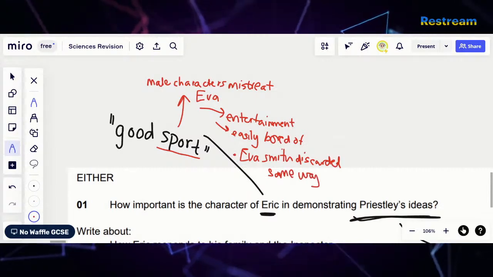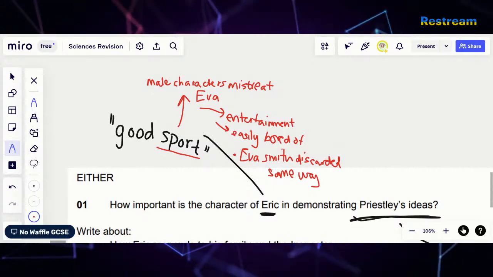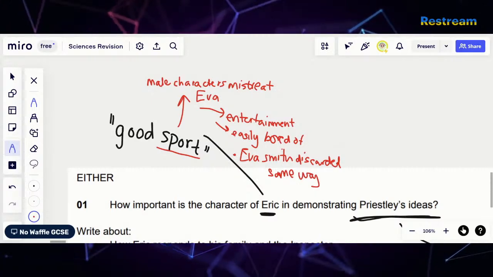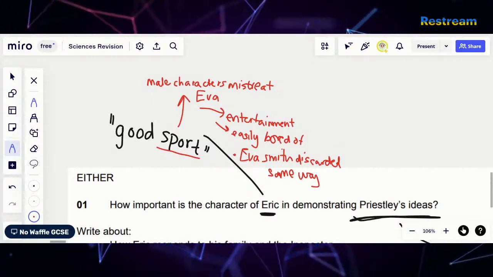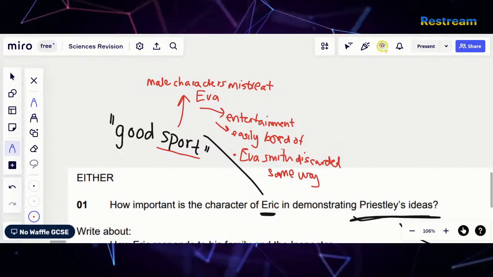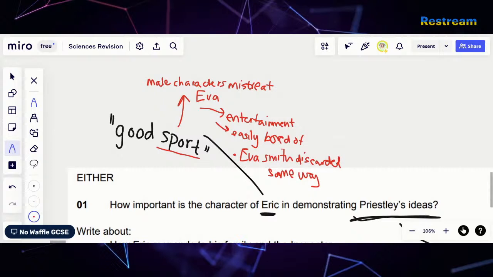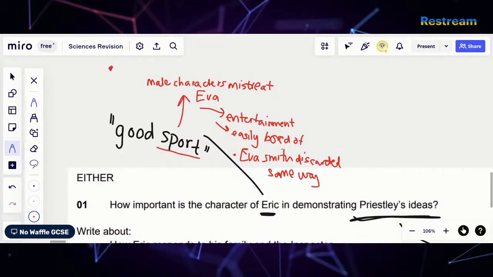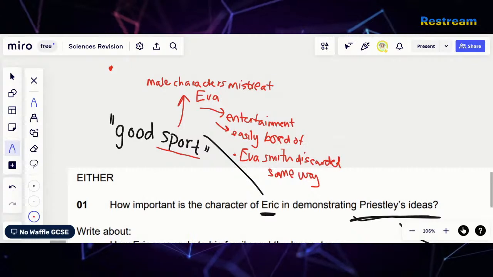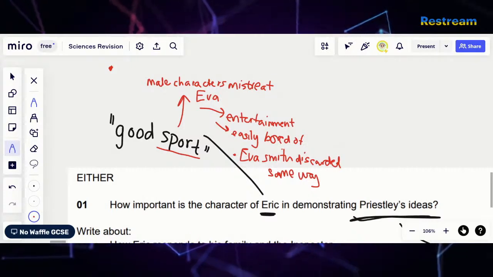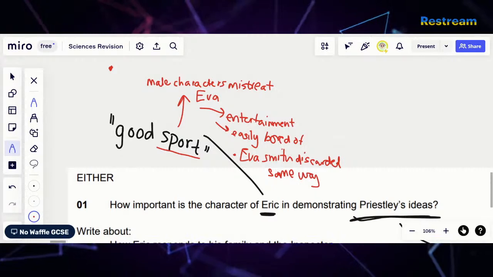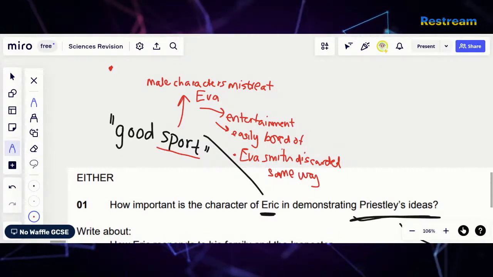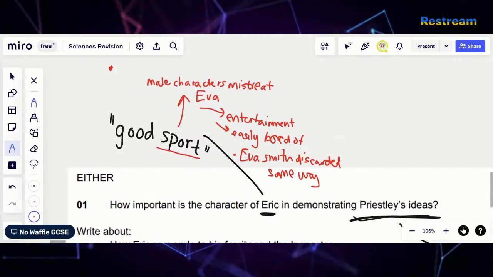So how is this quote important in demonstrating Priestley's ideas? Priestley is outlining how the male characters' treatment of female characters, and more widely men's treatment of women, has an underlying sense of unfairness and mistreatment. The way Priestley convinces the audience of this injustice is by creating the character of Eva, who is a victim and very convincing.